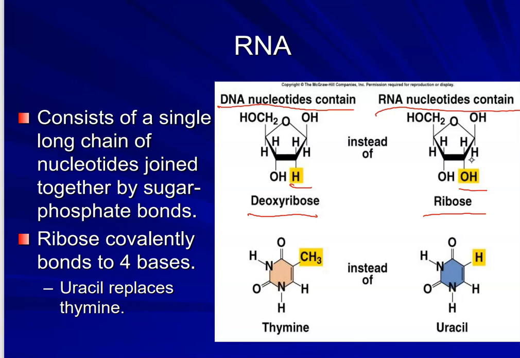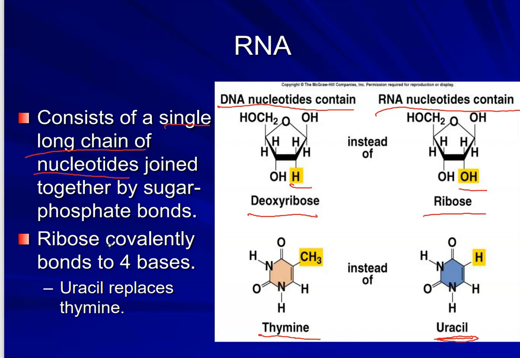In RNA, we will find the base uracil, and it will replace the base thymine, okay? So another difference is that RNA is typically single-stranded, a single chain of nucleotides, and DNA is usually double-stranded, 2 strands that are connected by base pairing rules, by these hydrogen bondings.